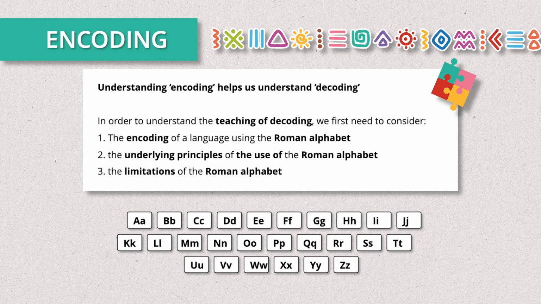In order to understand the teaching of decoding, we first need to consider: 1. The encoding of a language using the Roman alphabet. 2. The underlying principles of the use of the Roman alphabet. 3. The limitations of the Roman alphabet.